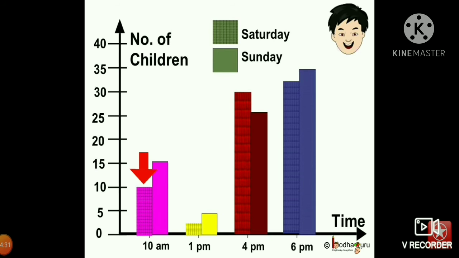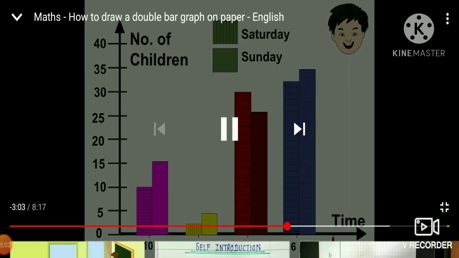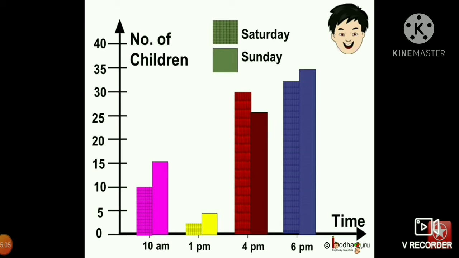What is it here? The first one is Saturday in pink color, with the bar, and the other pink one with nothing in it is Sunday. So 10 students came on Saturday and 15 students came on Sunday. Next is the yellow color, that is something with lines. Are you observing?